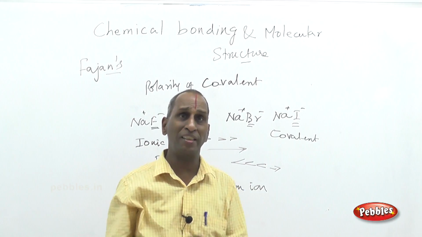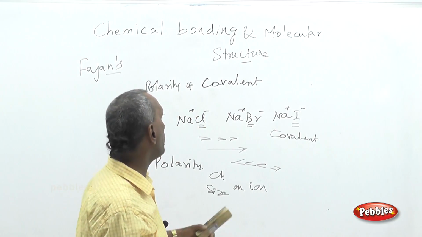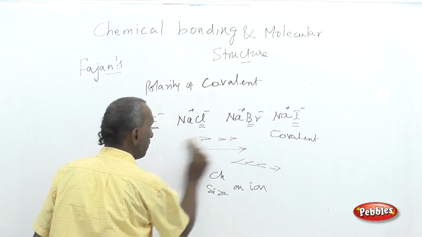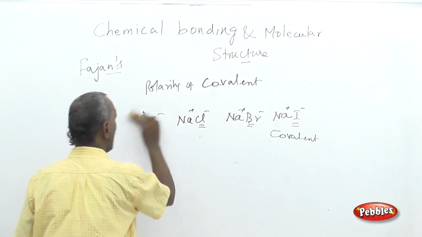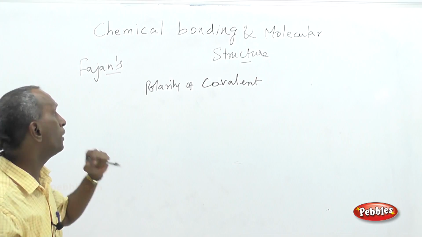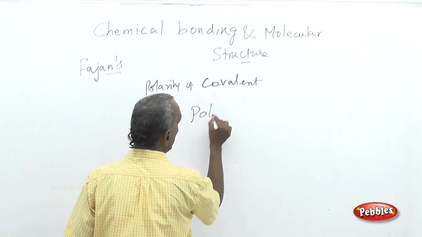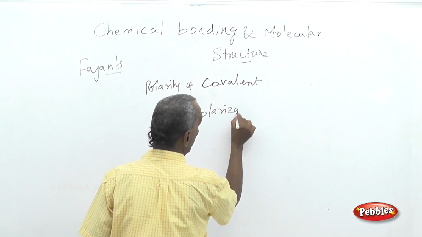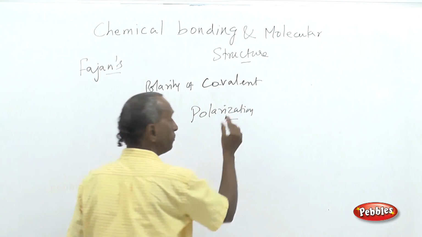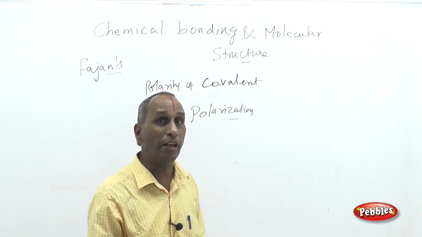He compared the size of the cation and the anion, and thereby, depending upon their size and numerical charges, they introduce polarization power, whether it is fractional or integral, whatever be the case. Polarization power. So, we have to be careful about this term. The same term will take different definitions in different areas.